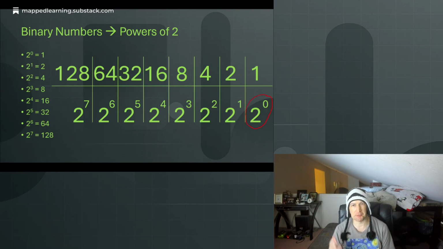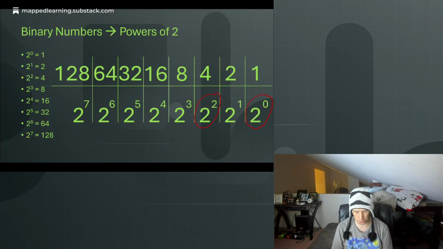Now, if you're not really into math, then 2 to the 0 power equaling 1 is kind of hard to understand. So when I'm writing down this binary scale, I start with 2 to the power of 2 because 2 times 2 is 4, and that's so much easier to understand.